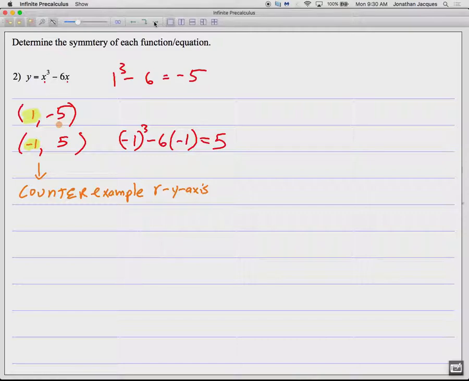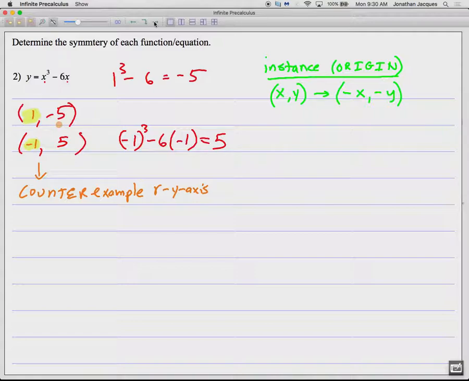But if you look at it, we plugged in opposites and we got out opposites. That's an instance of origin symmetry. So once I find an instance, then I try to prove it algebraically. We know that x, y and negative x, negative y would show origin symmetry.